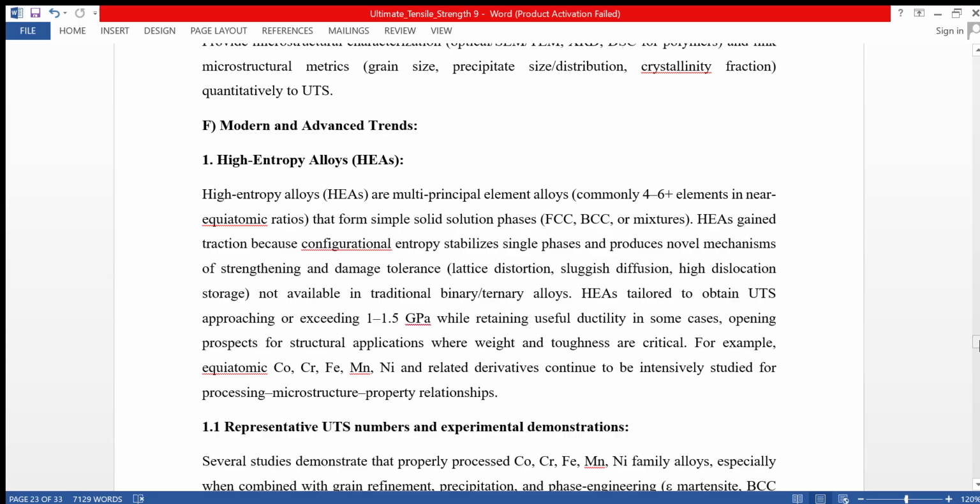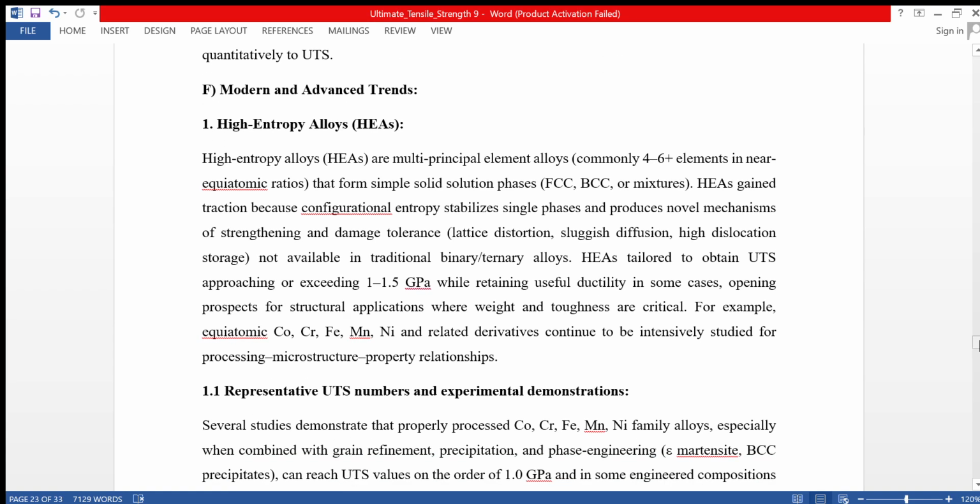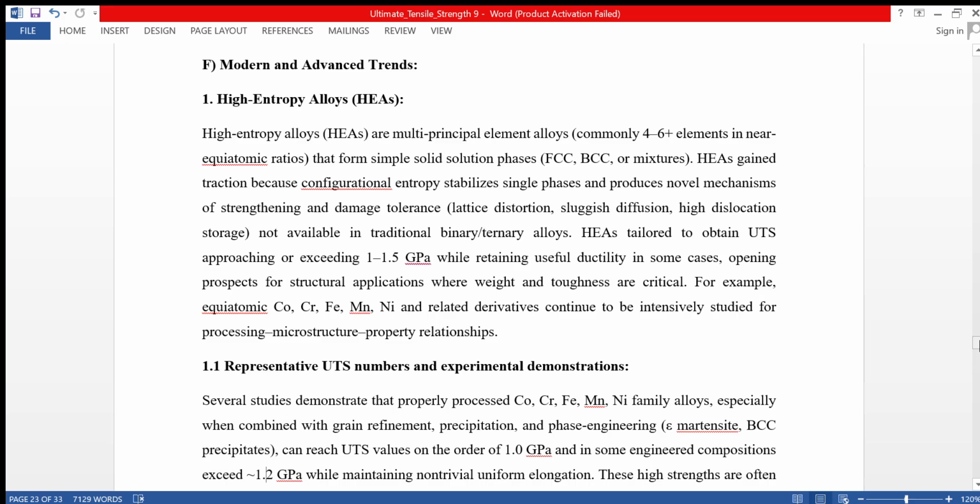For example, equiatomic cobalt, chromium, iron, manganese, and nickel and related derivatives continue to be intensively studied for processing-microstructure-property relationships. Next point is representative UTS numbers and experimental demonstration.